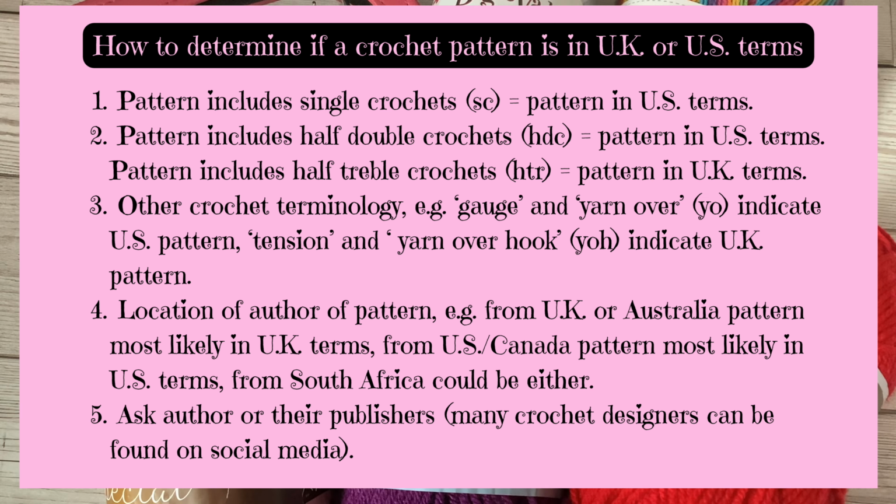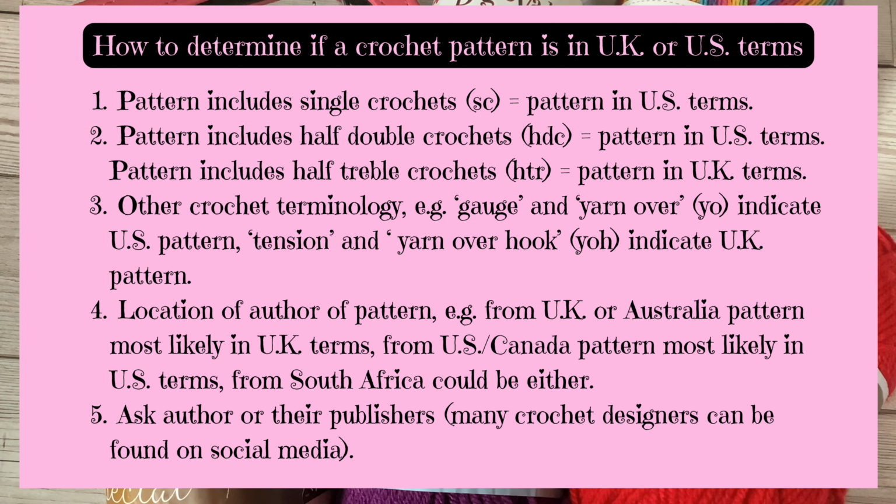The second clue is to look for half double stitches or half treble stitches. If half double stitches are in the pattern, then it is a pattern in US terms, but if half treble stitches are mentioned, then the pattern is in UK terms.